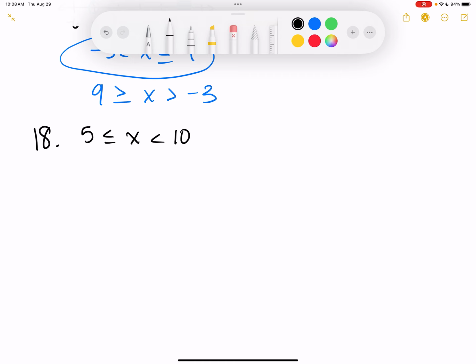In Hebrew, if it was 5 is less than or equal to x, we would just say x is larger than or equal to 5, there was no less than. So I was waiting for it to pop up on the iPad. I couldn't remember which way it was going. Okay.